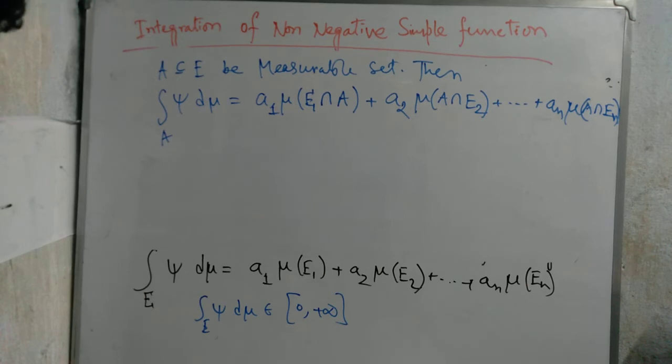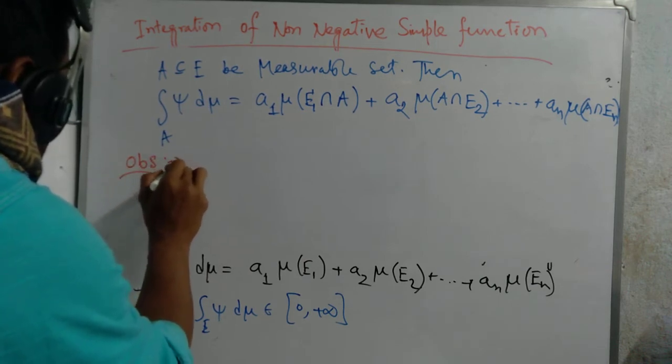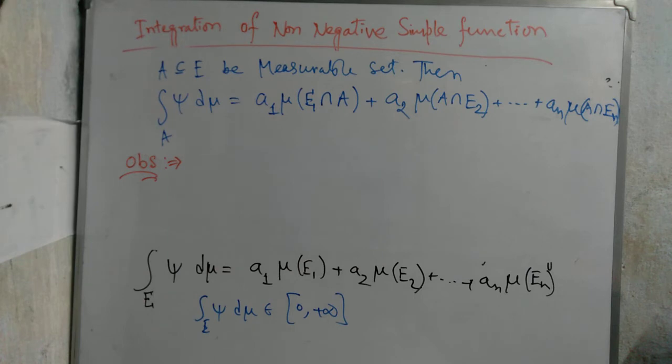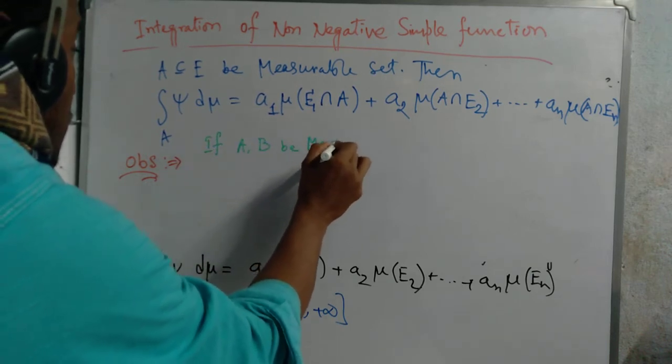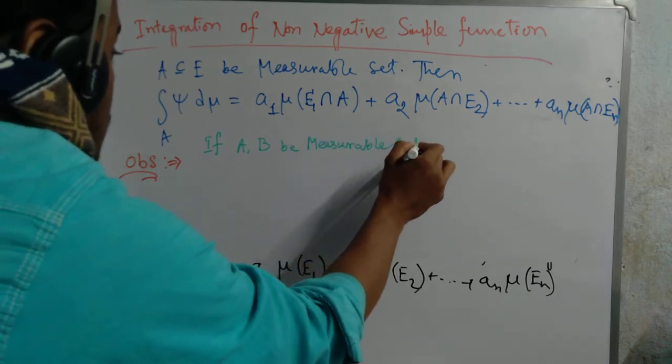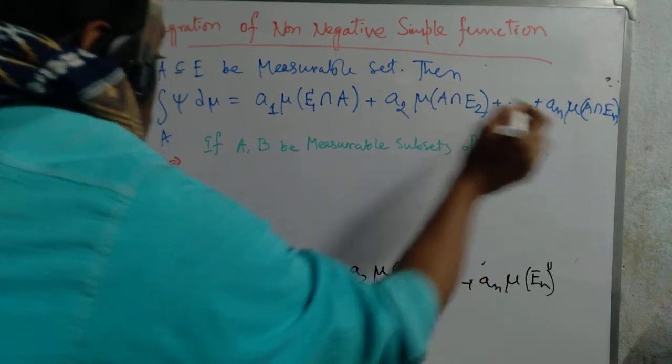Now we write this observation here: if A is a measurable subset of E, then what happens?